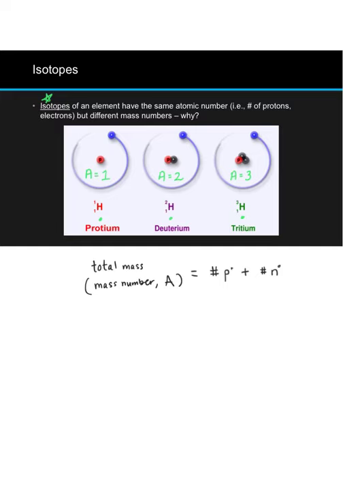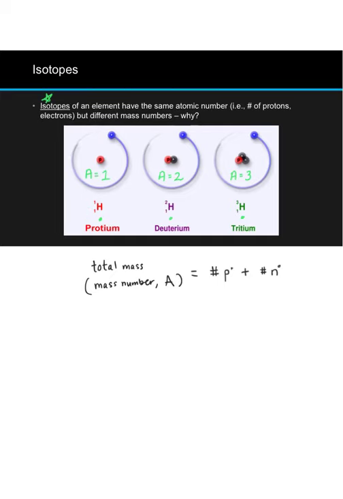Therefore, when we take weighted averages that are based on how much of an isotope naturally exists on Earth and the mass of that corresponding isotope, we report on the periodic table a mass for hydrogen that is very close to the mass of this protium version of the element.